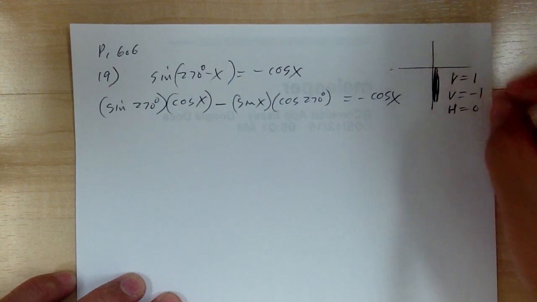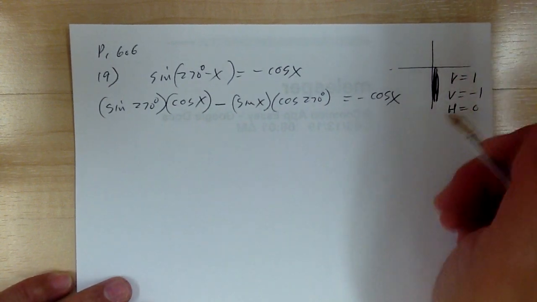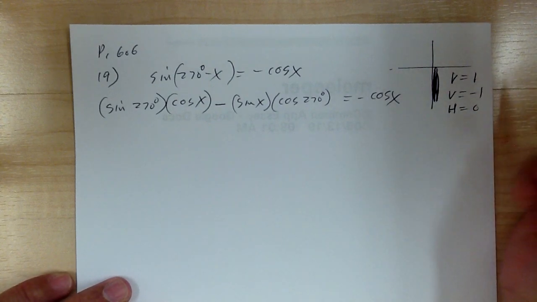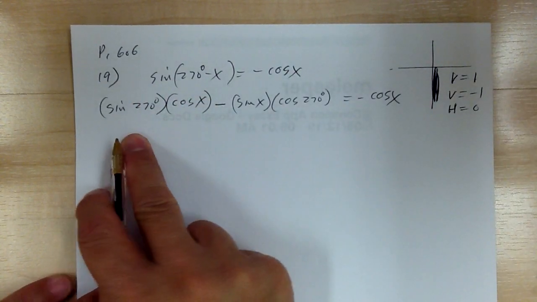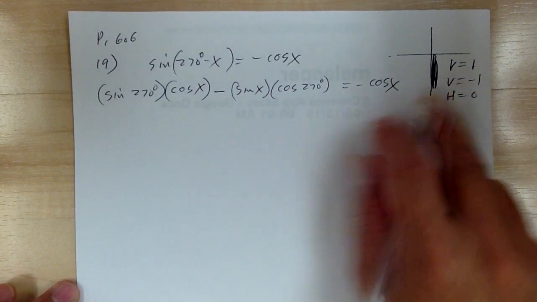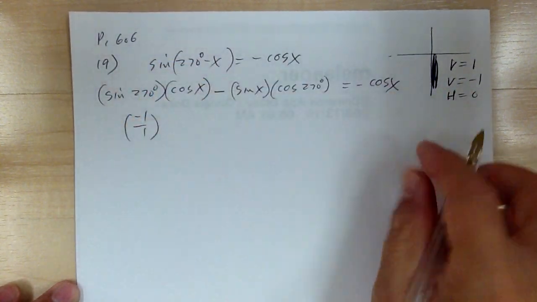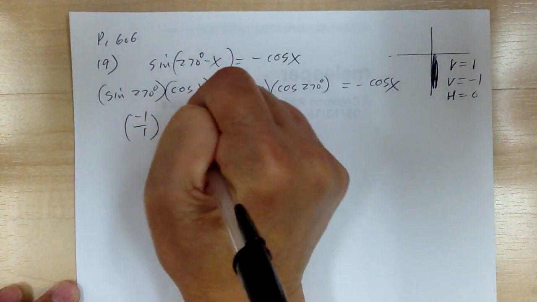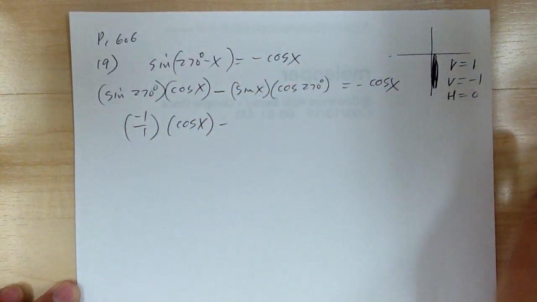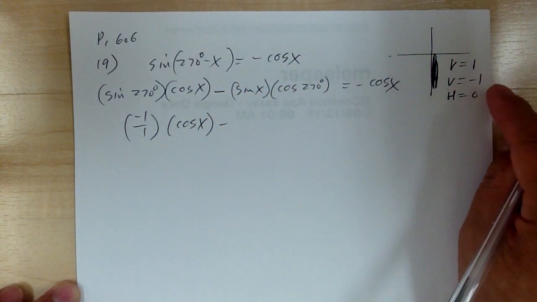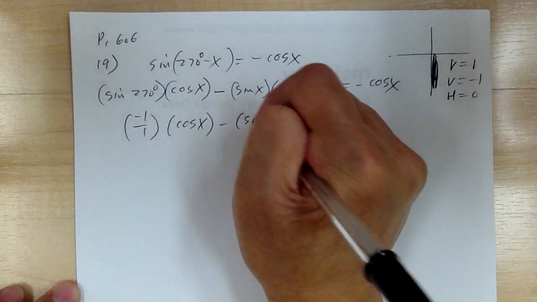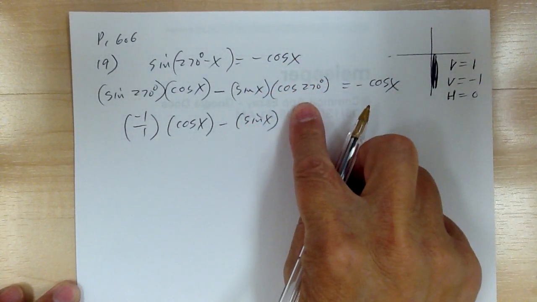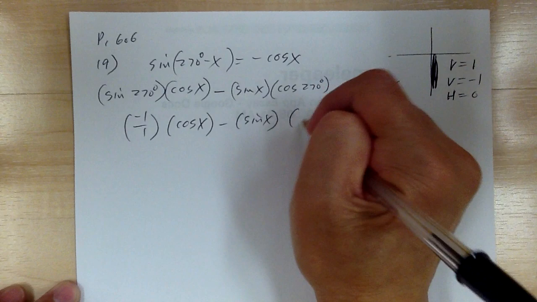So you can label your vertical, horizontal, and the radius, which is the hypotenuse. Now substitute. Sine is vertical, so it'd be -1 over 1. Cosine of x, you just keep the same. Sine of x, you just get sine x. Now cosine of 270 is equal to 0 over 1, so that gives you 0.